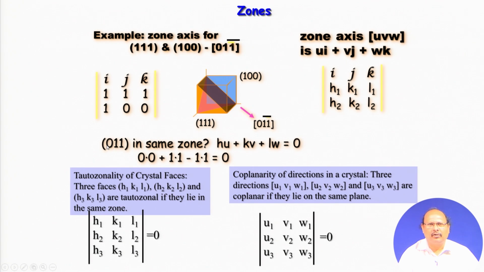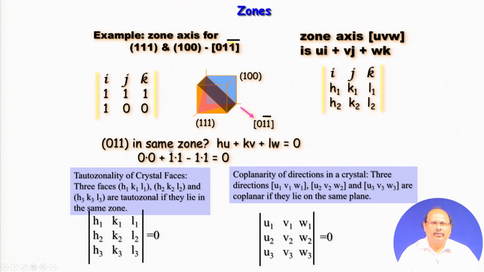We multiply 0 with 0, 1 with 1, and 1 with minus 1, which is minus 1. If you add it up, it is 0 here. So, immediately we know that this plane with the symbol 0 1 1 and this zone axis with the symbol 0 1 bar 1 lie in the same zone by using this zone condition.